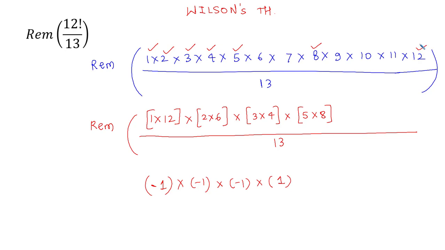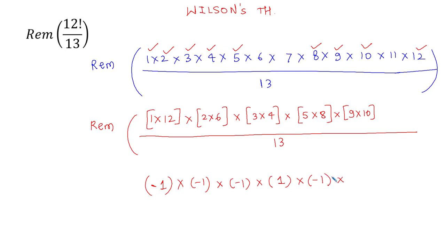The next is 9 into 10, which is 90. If we divide 90 by 13, the remainder is minus 1. 13 sevens are 91, so if we divide 90 by 13, the remainder is minus 1.